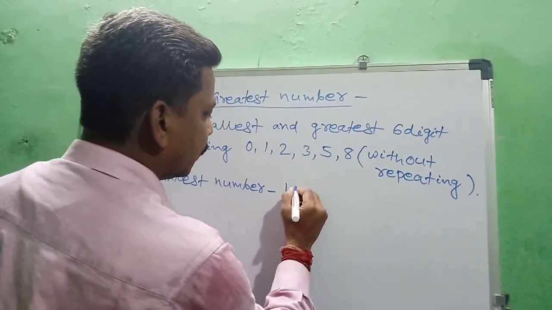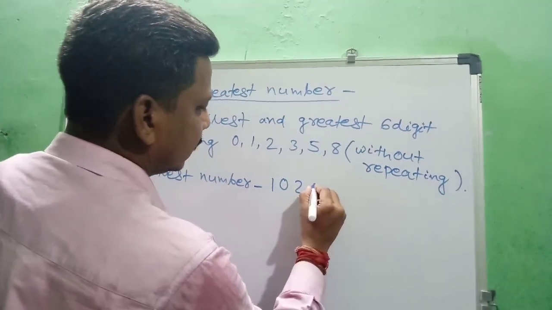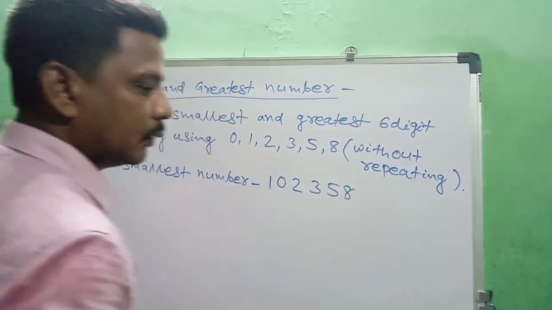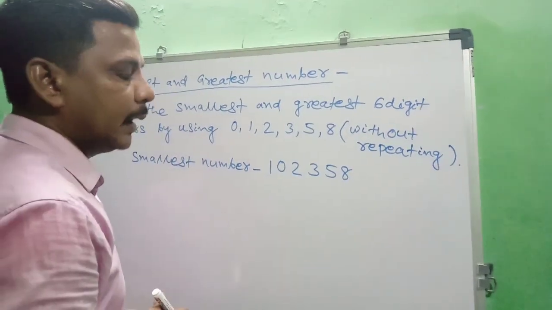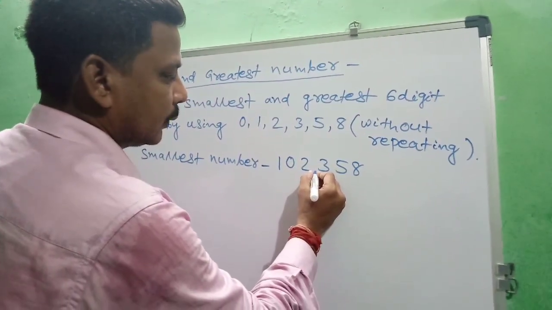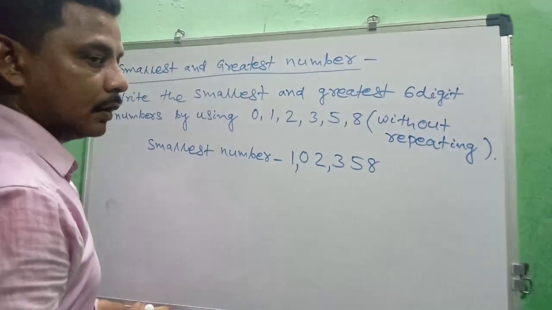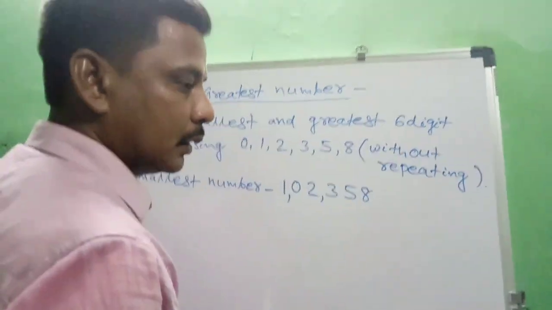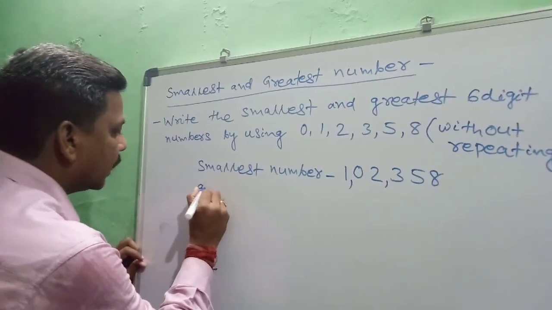Then we can put 0. Then 2. Then 3. Then 5. Then 8. Okay. 1, 2, 3, 4, 5, 6. This is the smallest number. And we have to put commas according to the Indian place value system. Which number do we get? 1,02,358.